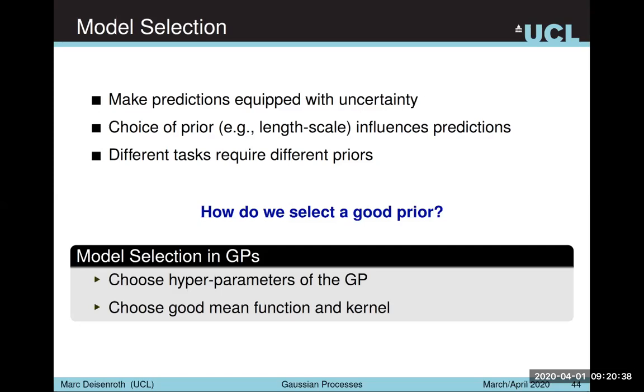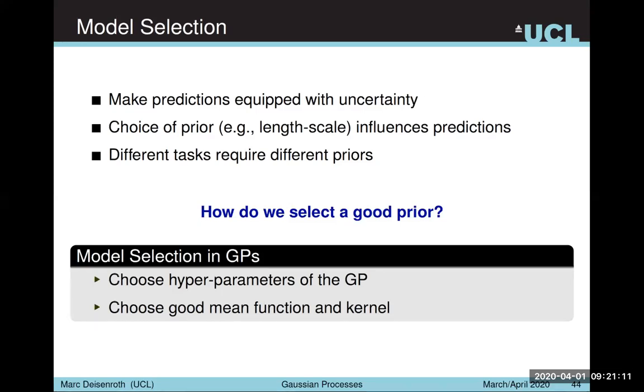I'm going to focus only on the parameters of the kernel and maybe the likelihood, so the length scale and amplitude parameter of the kernel, or periodicity parameter of the kernel, and the noise variance in the likelihood. We could also think about parameters of the mean function. And then maybe at a different level is the question, what is actually a good kernel, or what is a good mean function? So we're going to look at these two different things in this lecture.